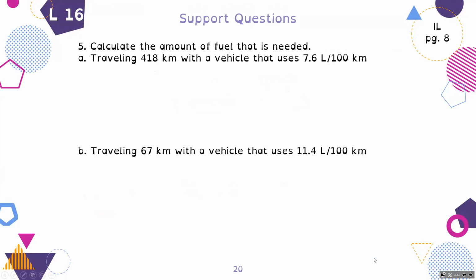Number 5, calculate the amount of fuel that is needed. If you will just do one of these. If you are traveling 418 kilometers with a vehicle that uses 7.6 liters per 100 kilometers. So to figure out how much fuel you need, you do your distance, 418 kilometers, times 7.6 liters divided by 100 kilometers.